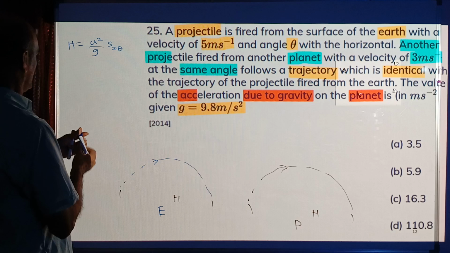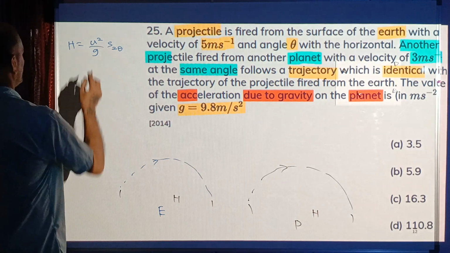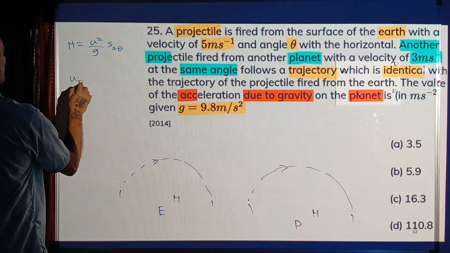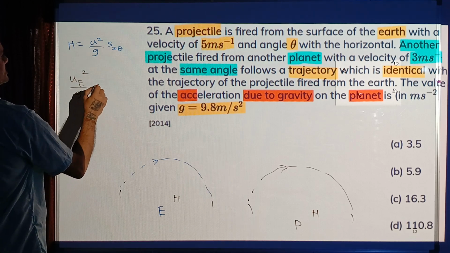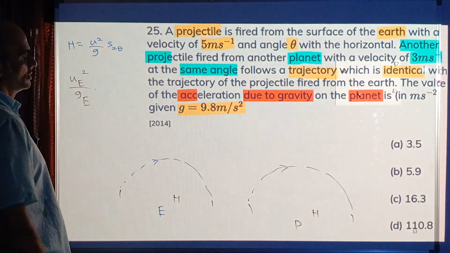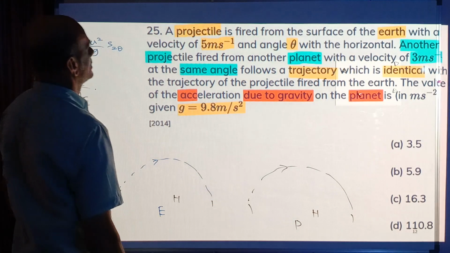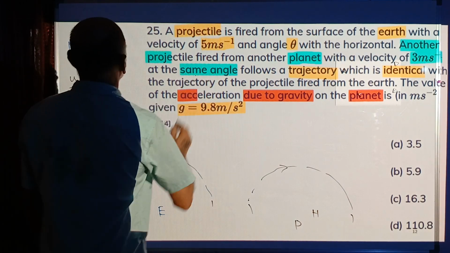So the horizontal range on the Earth is u_e square by g sine 2 theta. Theta is the same for both the trajectories. Same angle.